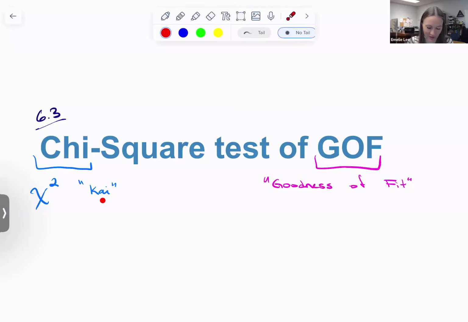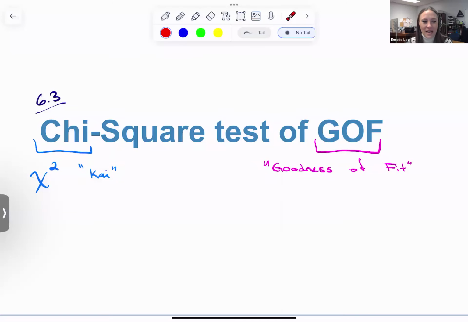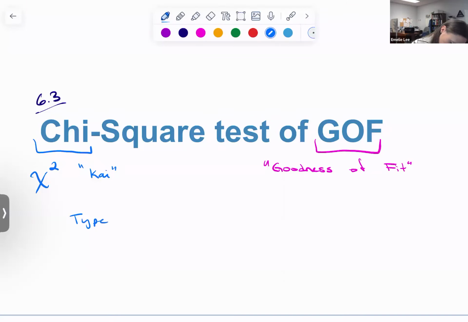So you want to make sure you're saying it right. It's got this fancy capital X. And so the chi-squared goodness of fit test is the next type of question.